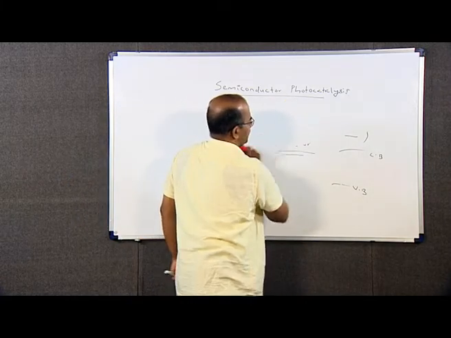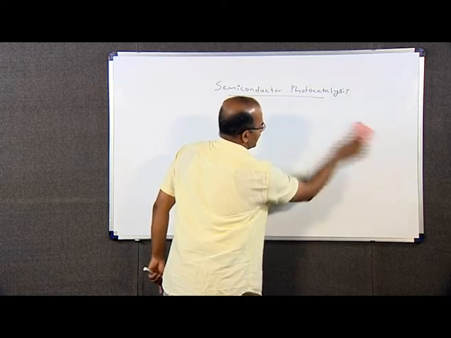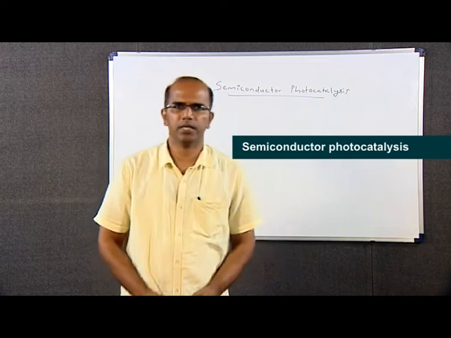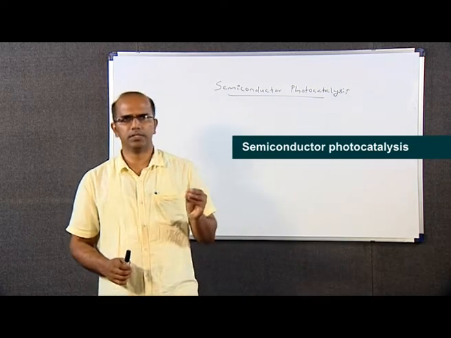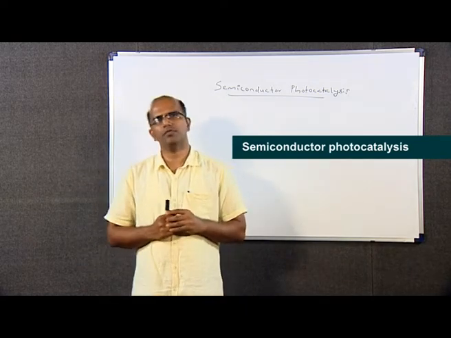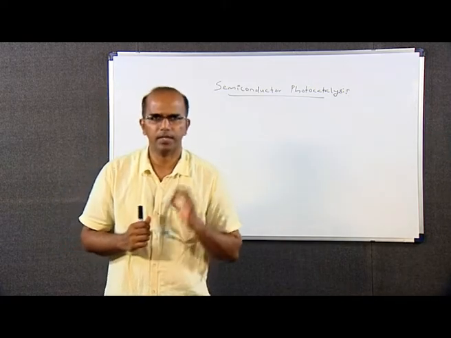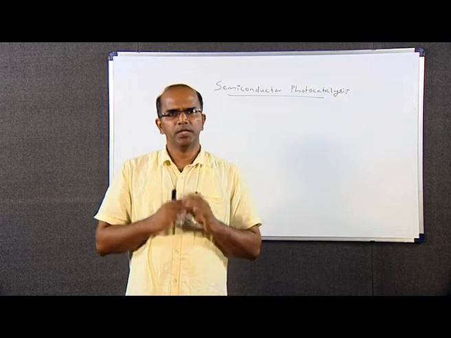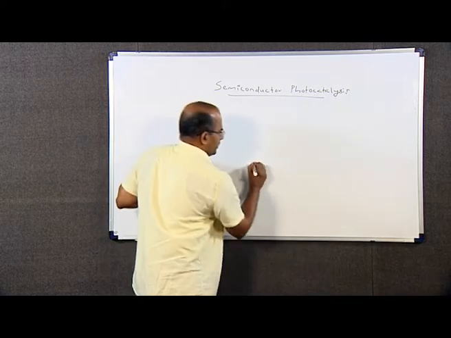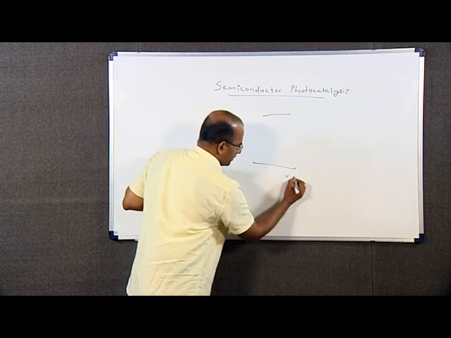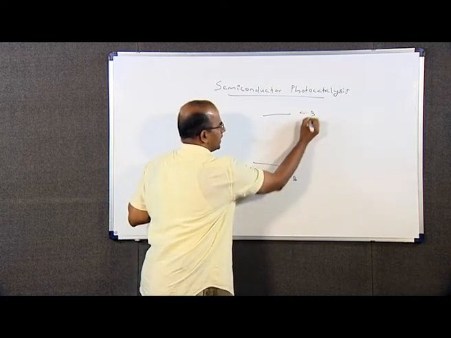Now, semiconductor I already discussed. A semiconductor will pass electricity if you put in some amount of energy. For a semiconductor, it has a valence band and a conduction band. For example, if you take the structure of the semiconductor, this will be the valence band and this will be the conduction band.